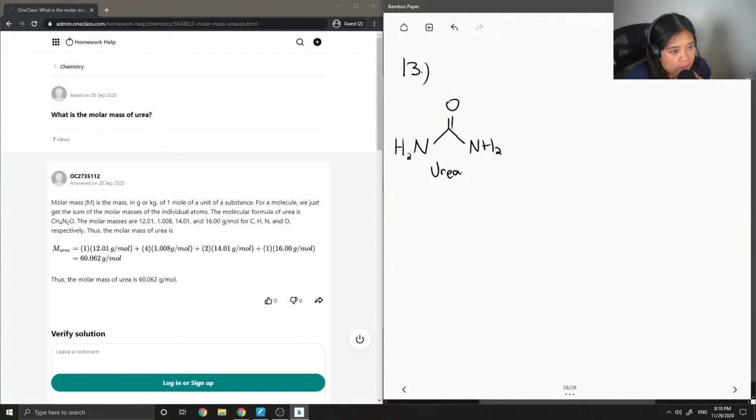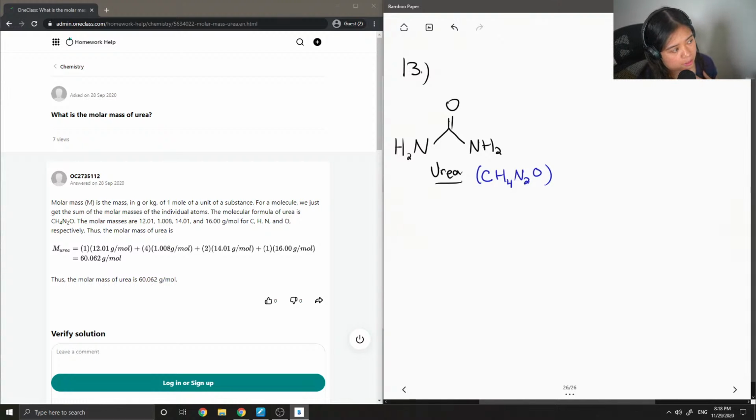So now let's determine its chemical formula. So there is 1 carbon, there are 4 hydrogens, 2 nitrogens, and a single oxygen.